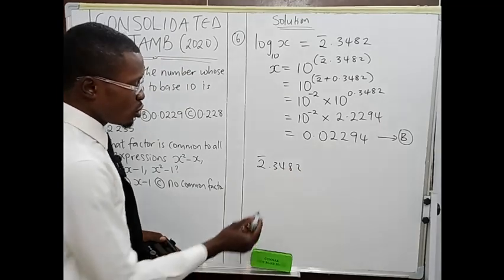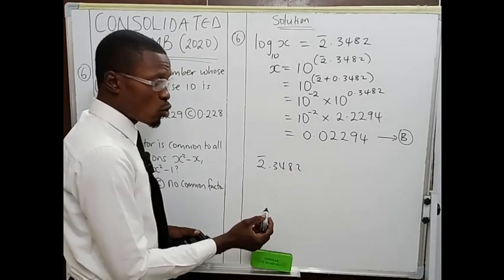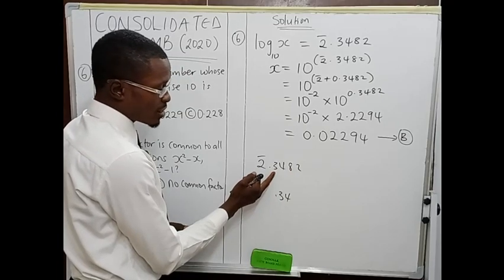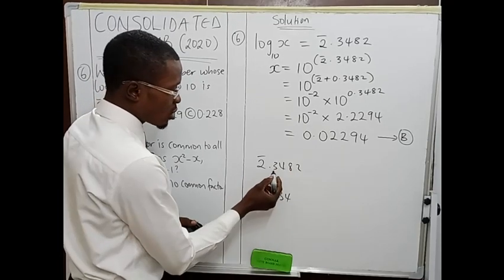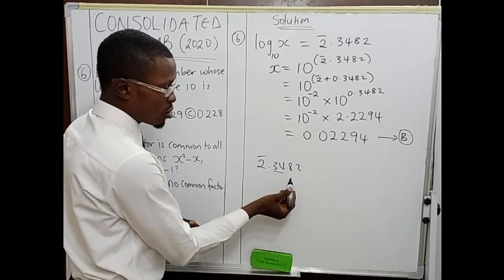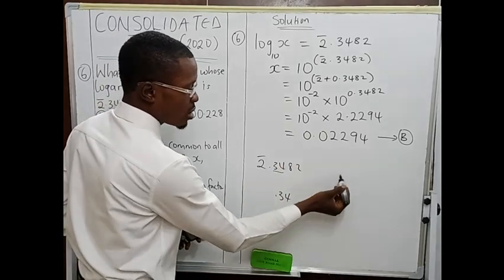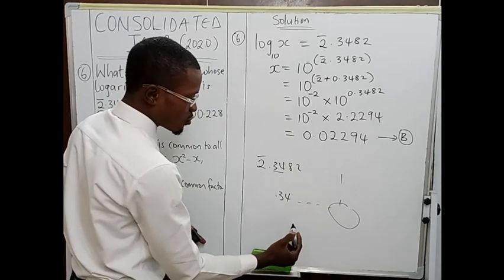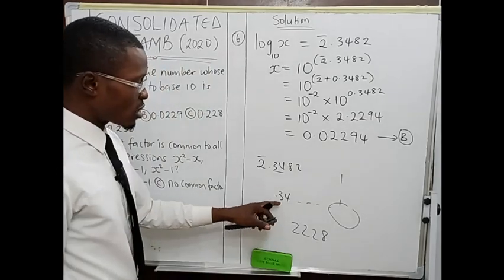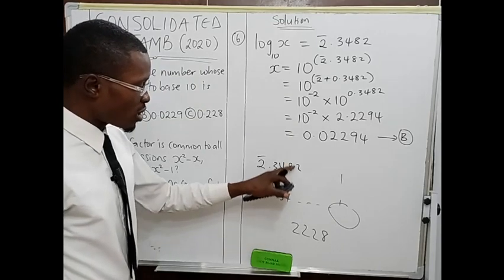Using the anti-log table, you go to the row of 0.34, check under the column of 8, where they intersect. That number there, you're going to have something like 2228.